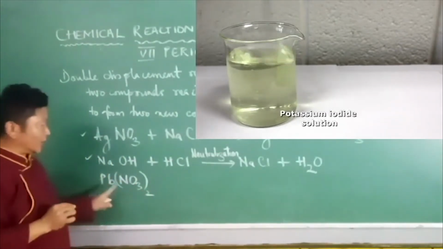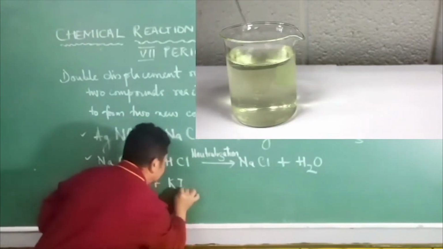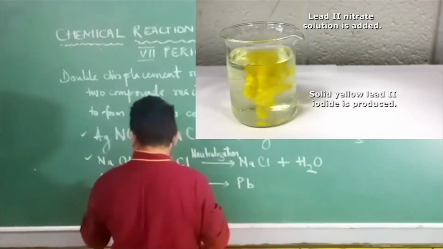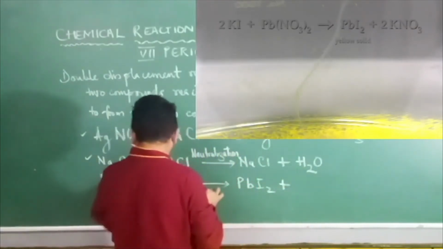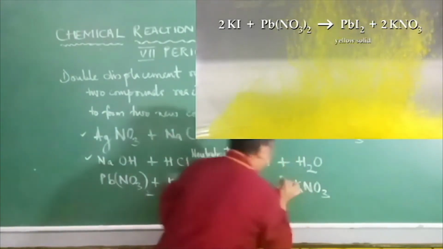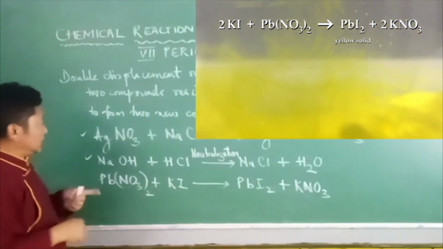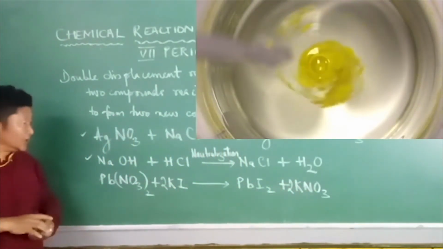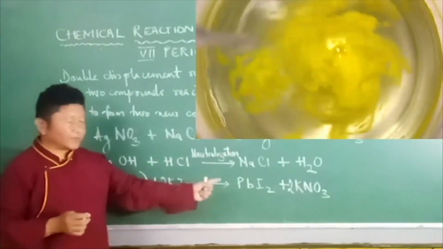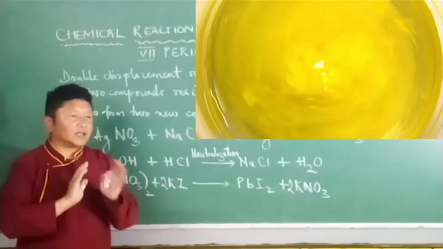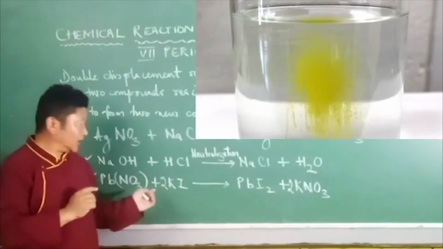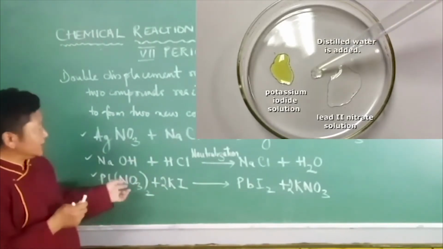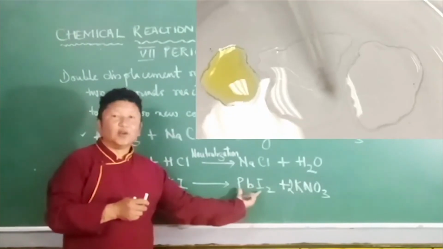Lead nitrate, with lead of valency 2, reacts with potassium iodide to give lead iodide and potassium nitrate. Balance the equation. The lead iodide is a yellow precipitate.